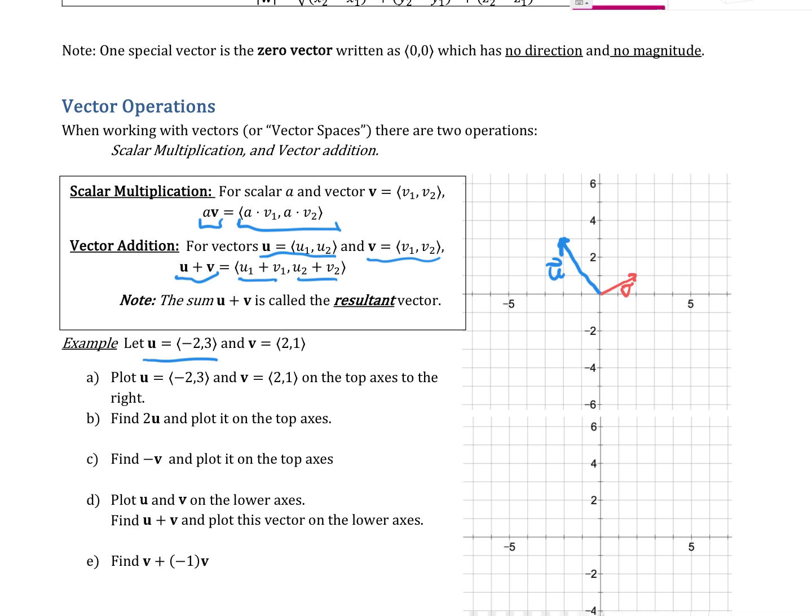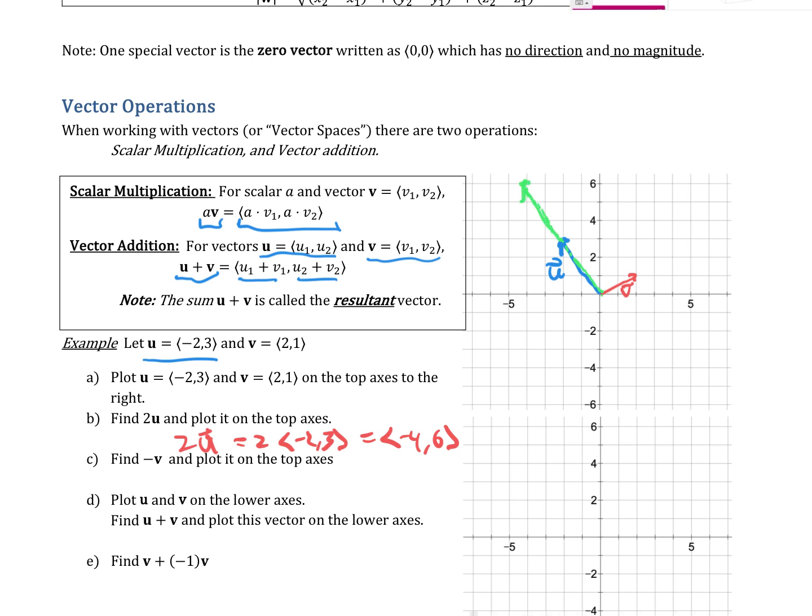And so let's go ahead and find 2u. Well, 2u, according to our definition up above, is 2 times negative 2, 3, which is negative 4, 6. So negative 4, 6 would be here, and so we get this vector.